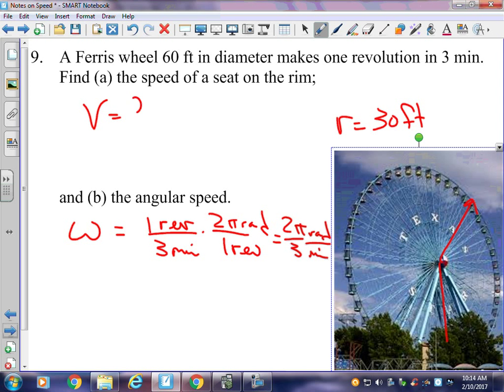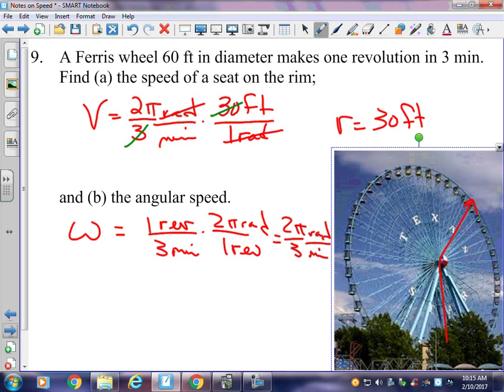Velocity is equal to that angular speed times what? 30 feet over 1 radian, so that the radians cancel out. And guess what? You can reduce some other things if you'd like in this question. 3 goes into 30 10 times. 10 times 2 is 20.